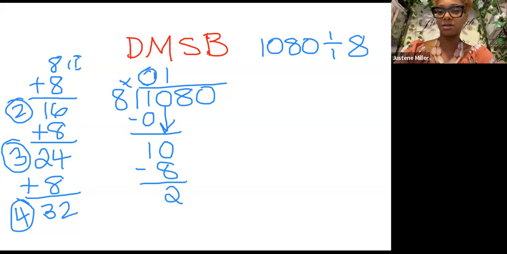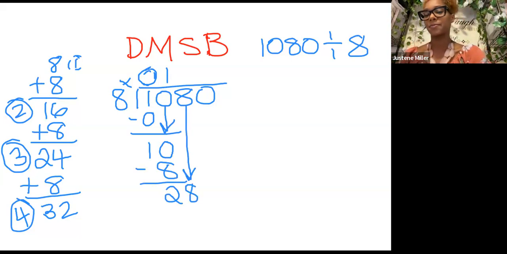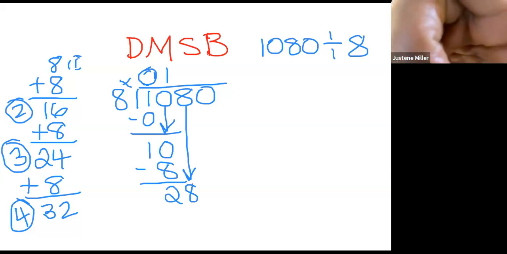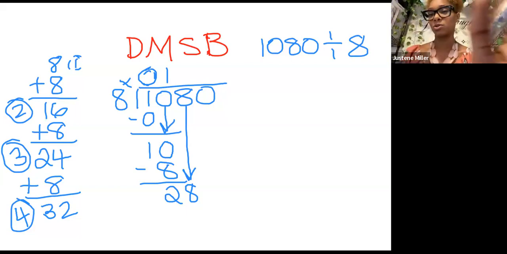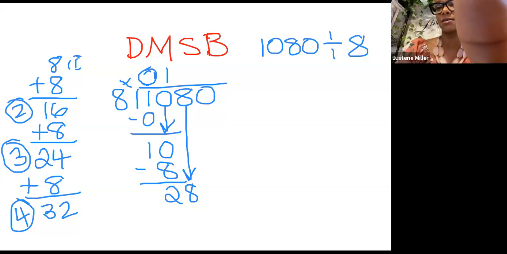Then we have to bring it down. Bring down my 8. Well, how many groups of 8 are in 28? Take a look at your side. 8, 16, 24, 32. I can't go over 28, so I'm going to use 3 groups of 8.